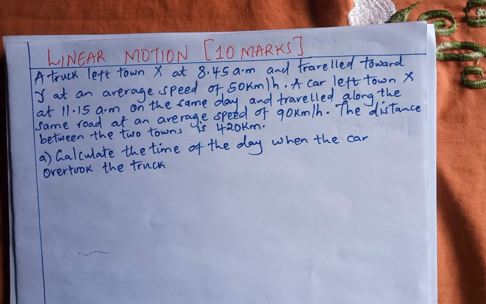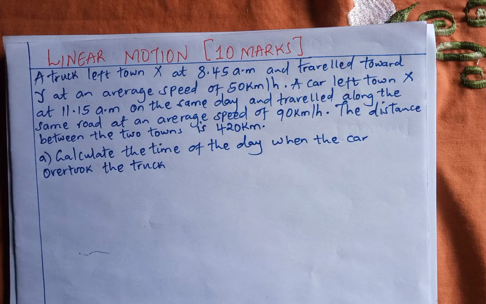I'm going to do something on linear motion, and this is a very important part that we need to pay attention to. Now the question before us under linear motion is: a truck left town X at 8:45 a.m. and traveled towards Y at an average speed of 50 kilometers per hour.